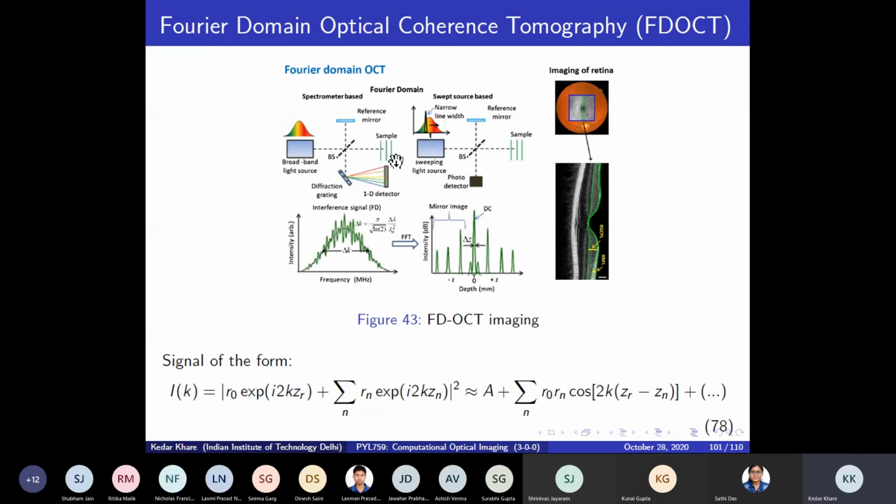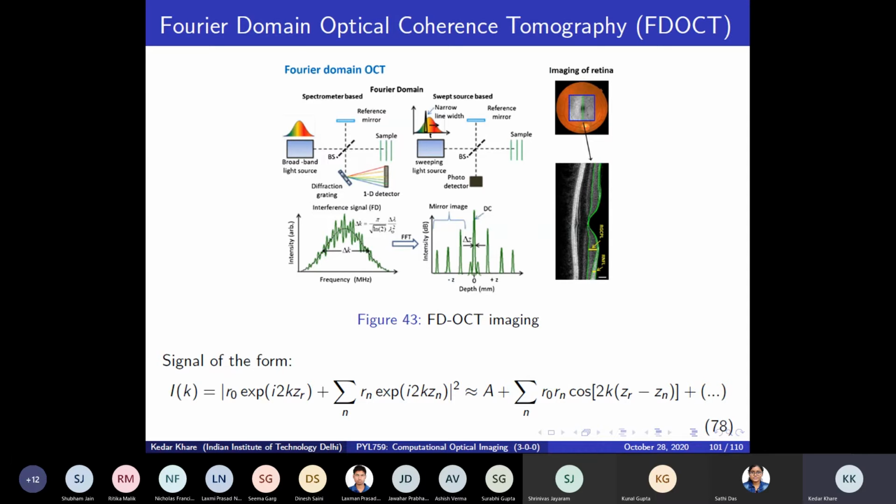On this side, the return signal is essentially a summation of reflections from different planes. You have a reflectivity Rn corresponding to the nth plane, and Zn represents the distance from this point in the center of the setup to a particular layer Zn.